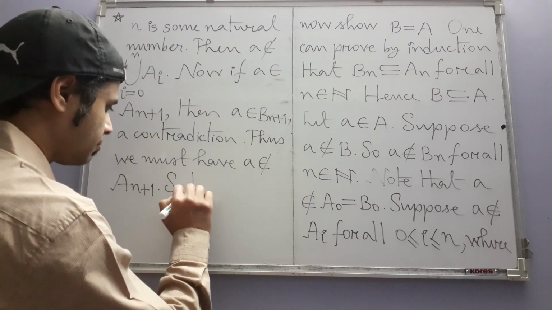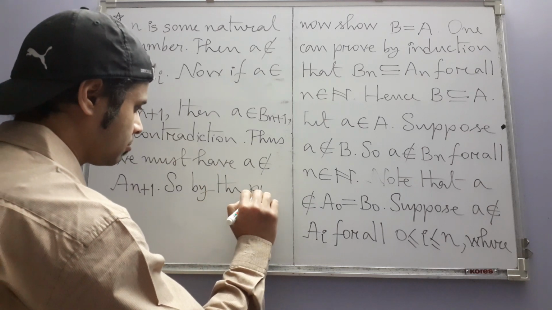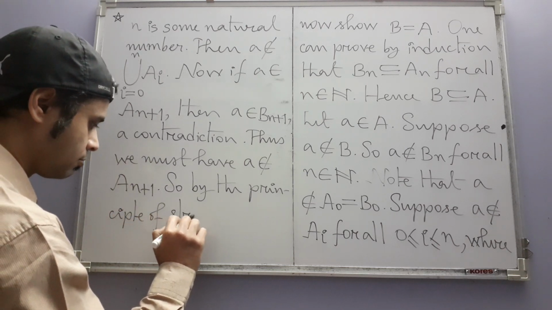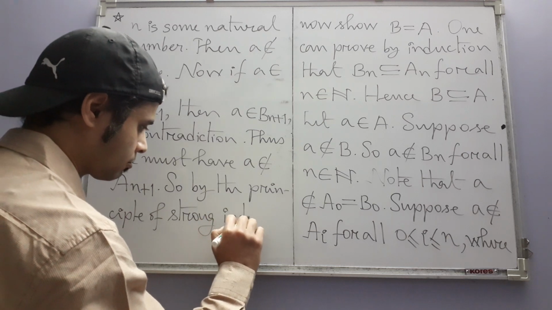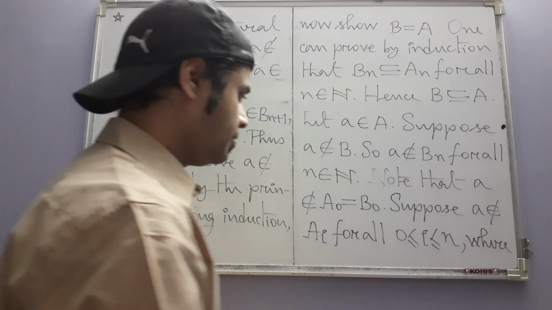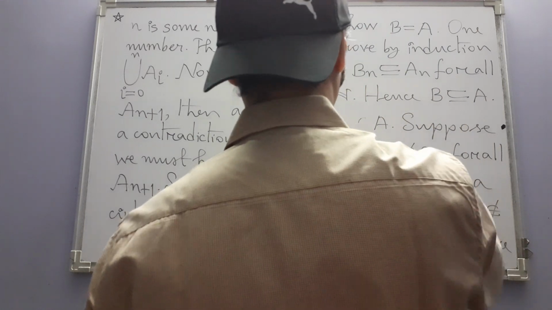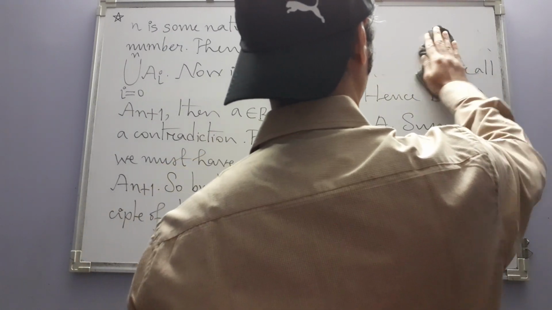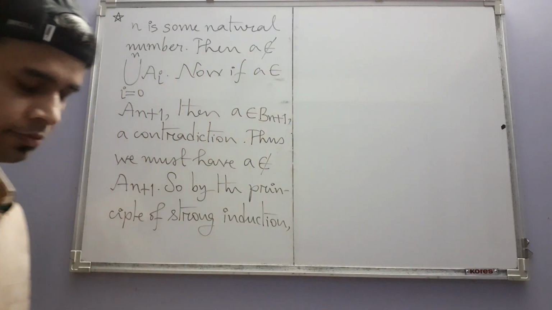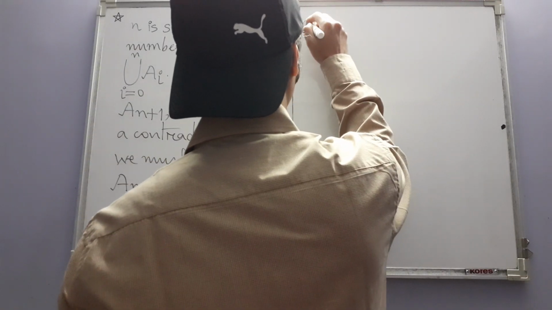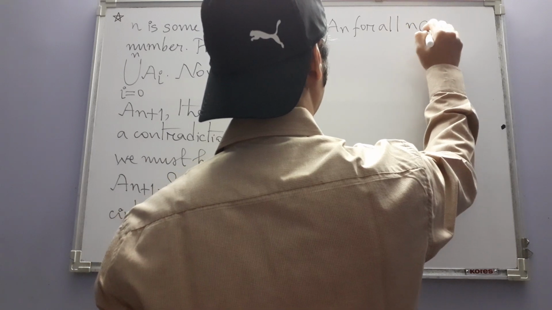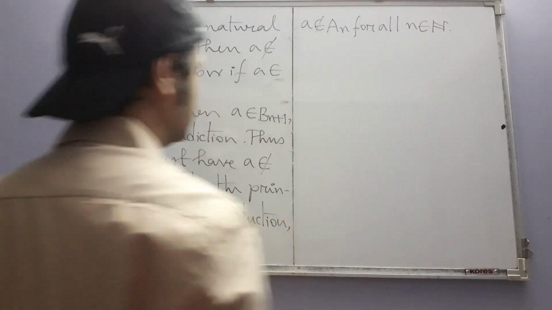So by the principle of strong induction, a is not there in any An, that is, a does not belong to An for all natural numbers n.